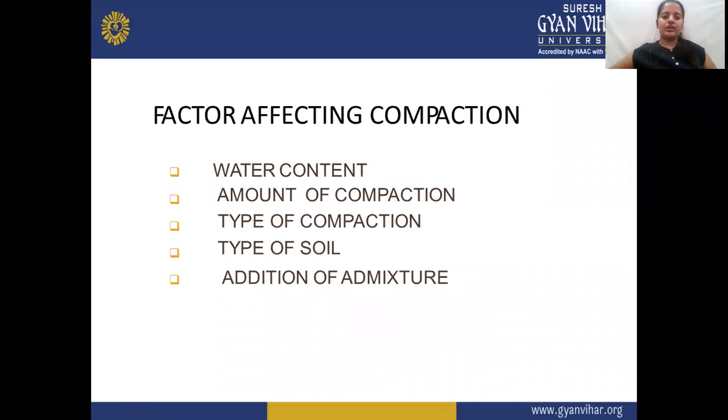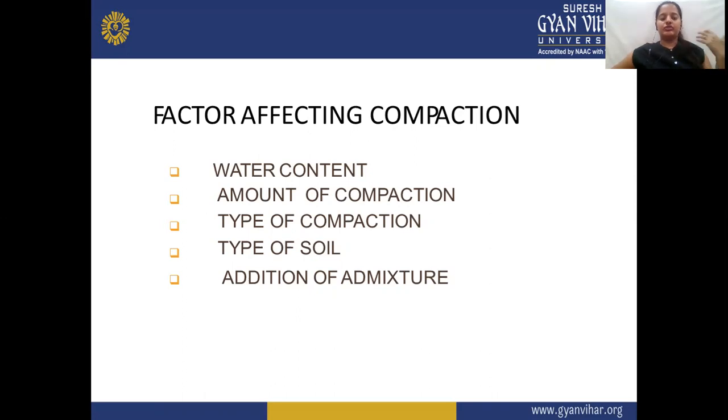We know that the amount of compaction also plays an important role, because if a soil sample is compacted over and over again, the amount of void available in between the soil is constant. So, with unnecessary work, you're delaying the work process, you're increasing the cost of the labor and the cost of the equipment being used.